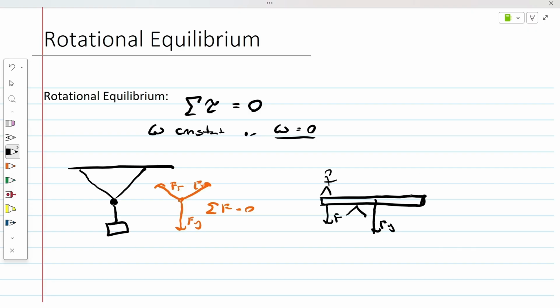And then maybe there's a wire of force tension. At each point, there's some torque. And so if this beam is not moving, or moving at a constant angular velocity, but in this case we'll say it's static, the sum of the torques are going to be equal to 0. So let's look at an example for how we can apply that.